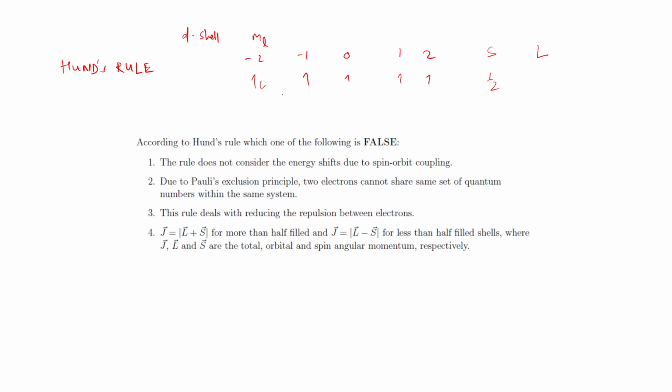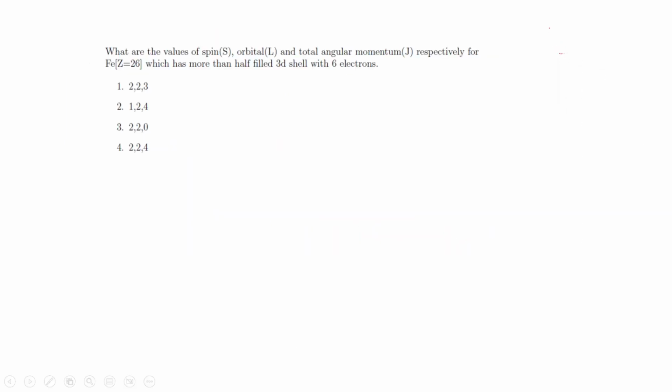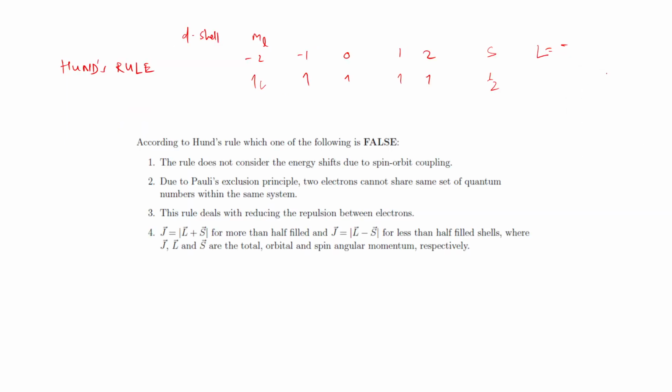L is equal to the sum over these ml values. And J is L minus S if it is less than half filled, and L plus S if it is more than half filled.